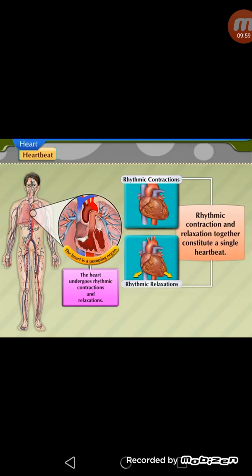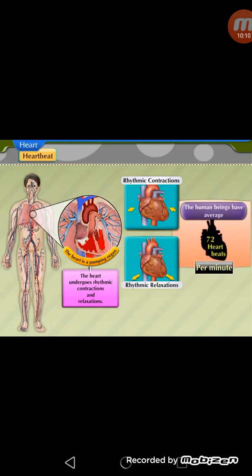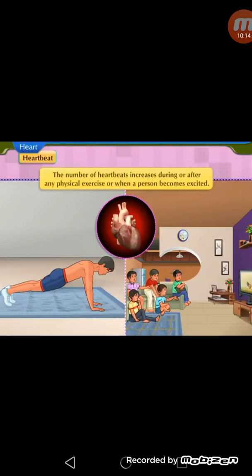So rhythmic contraction and relaxation of the heart muscles is called a heartbeat. So we can say relaxation and contraction of the heart muscles constitute a heartbeat, and human beings have about 72 times per minute. It means the heartbeat of human beings is about 72 times per minute.